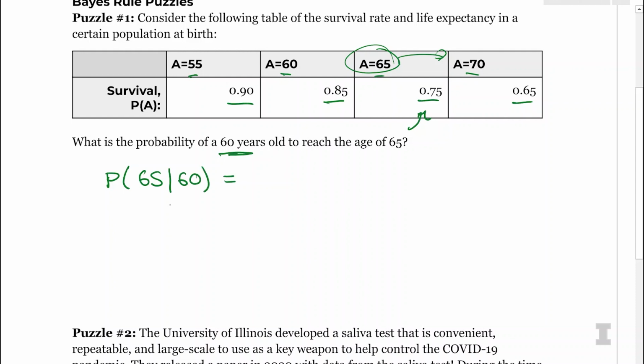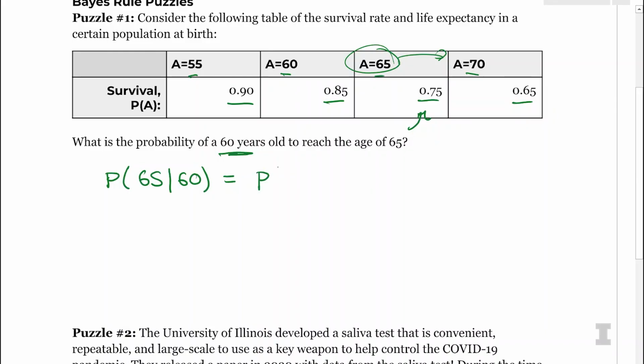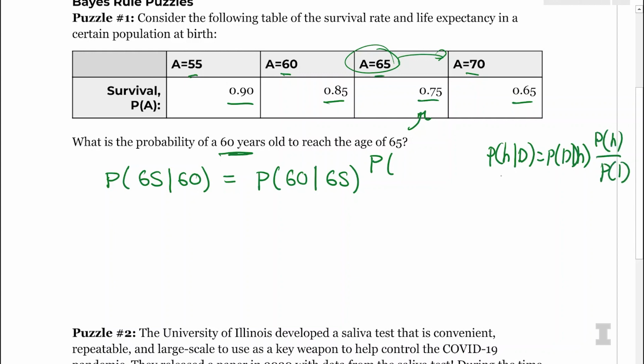We don't have this conditional probability in the table, so we can apply Bayes' rule and reverse it. I'm thinking P of H given D is P of D given H times P of H over P of D. So our H is going to be 65 and our D is going to be 60.